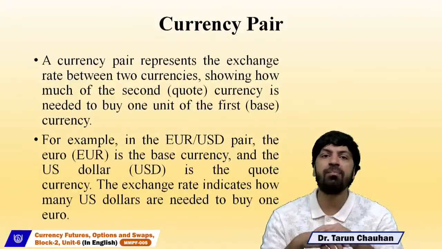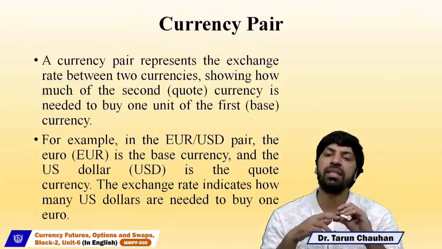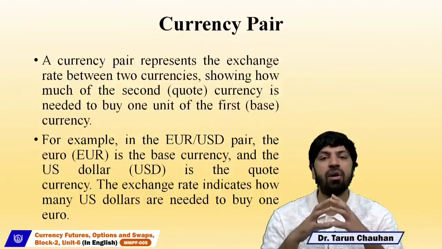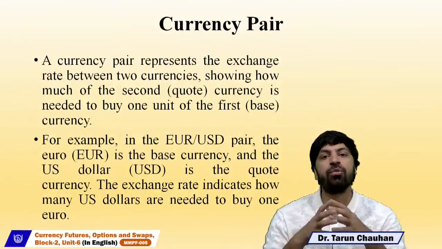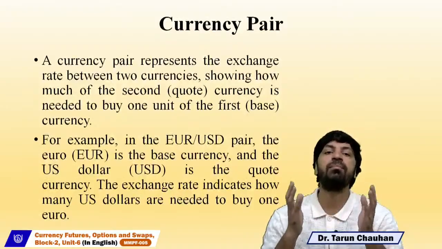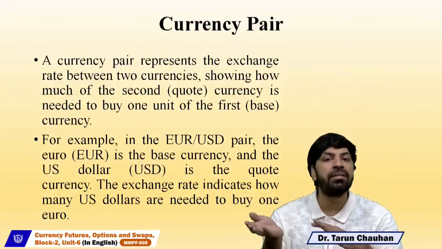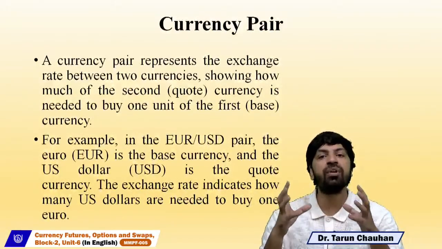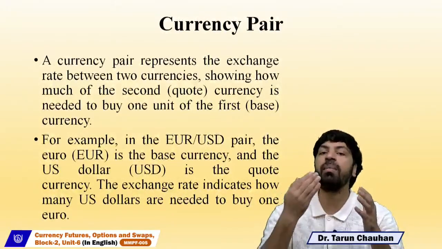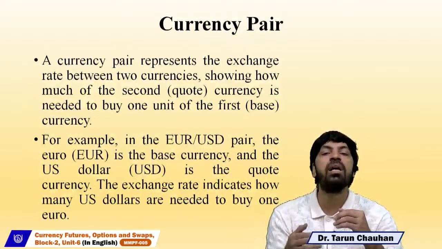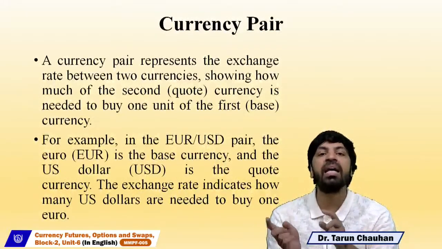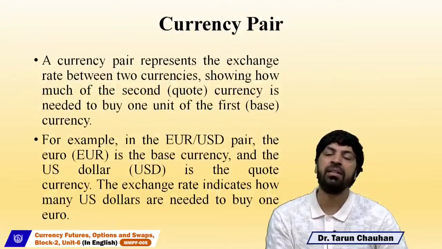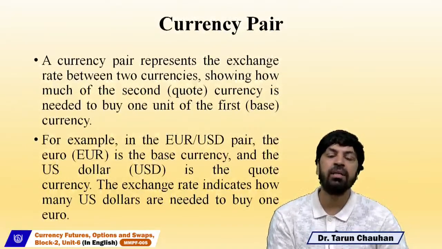Let's take an example of the euro and the US dollar, the euro USD pair. The euro is the base currency, and the USD is the quote currency. So the exchange rate indicates how many US dollars are needed to buy 1 euro, and that's called a currency pair.